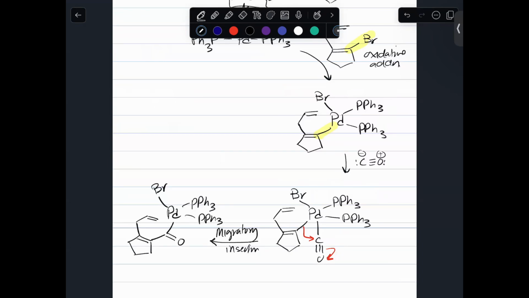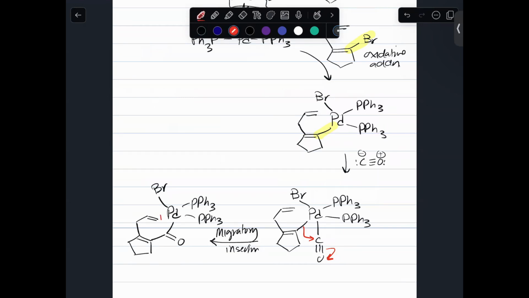So there's my migratory insertion product. Again, my alkene is my nucleophile, right? You learned this in sophomore organic chemistry. Alkenes can attack halogens for dihalogenation. They're great nucleophiles. They can attack acids. They're thought of as the base. So just like before, alkenes are going to react as nucleophiles in this case.